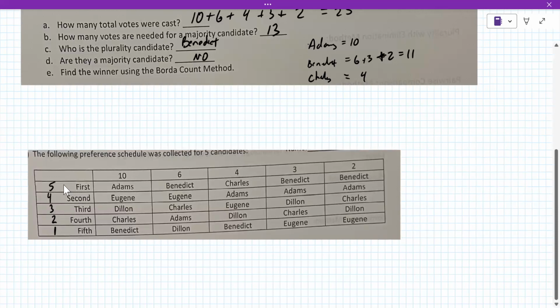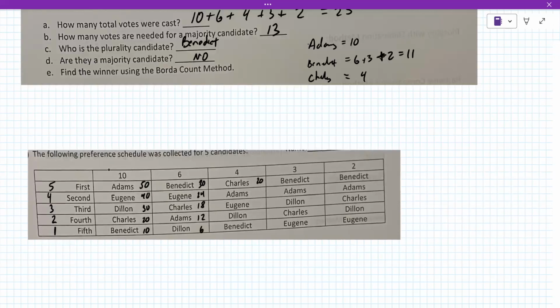And then you essentially multiply 5 times 10, that's 50. 4 times 10 is 40. Let me make those a little bit more to the side so we can read them. 50, 40, 30, 20, 10. And then you do the same thing here. So 30, 24, 18, 12, and 6.